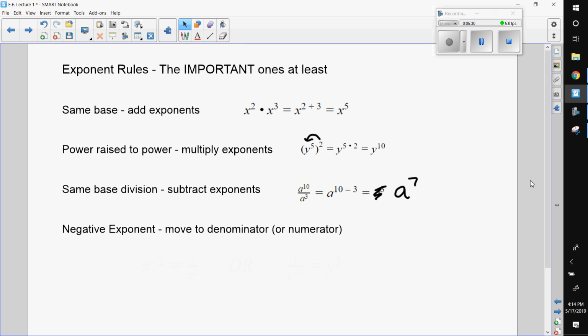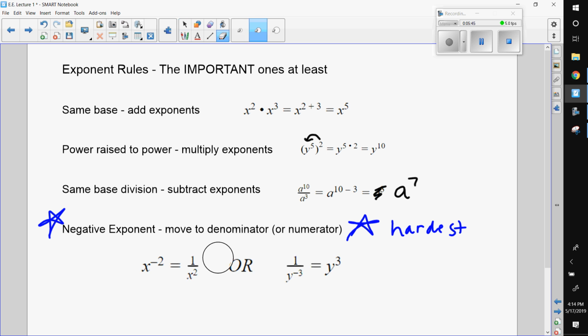And the last one, the negative exponents, this is the toughest. You see they try to trick you on this one. This one is the hardest one to remember. You move it either to the top or the bottom to keep it positive.